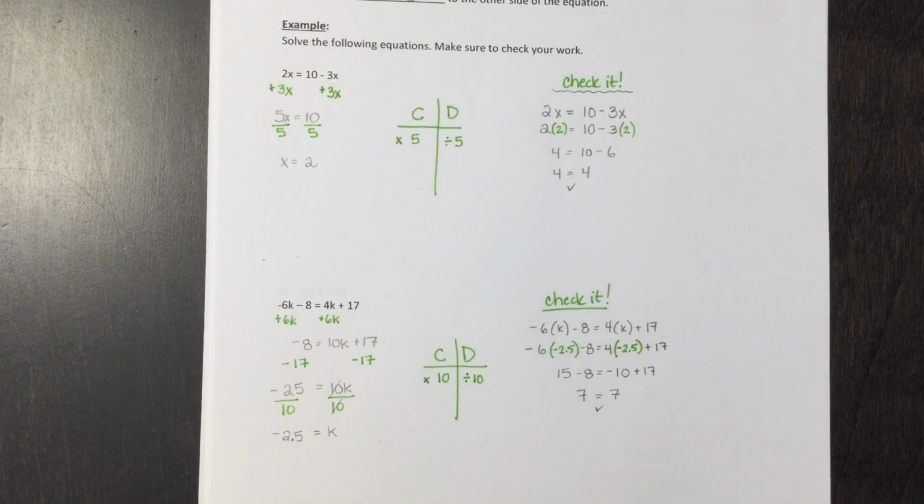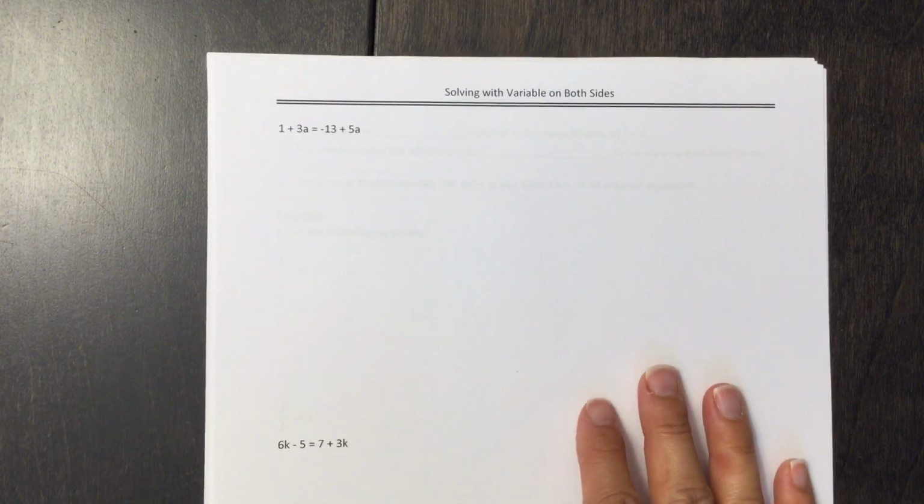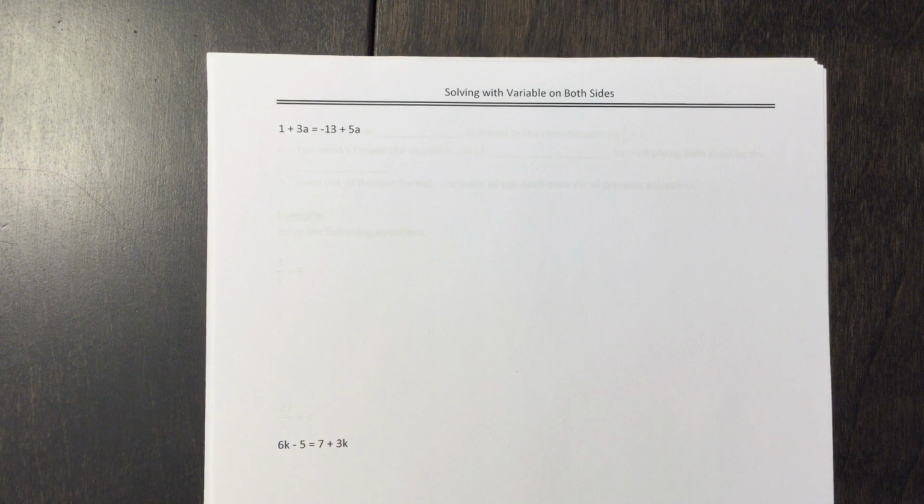Okay, turn the page. Here are 2 more. I'd like you to try yourself. Try this first one, and then I'll ask you what A equals, and then I want you to check it, and you'll tell me what equaled what when you check it.